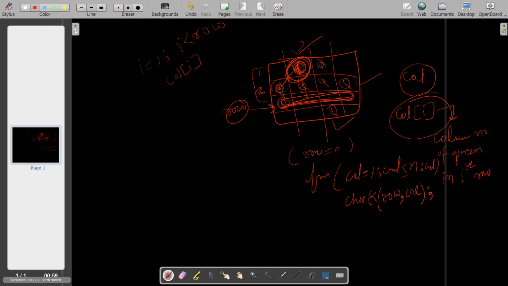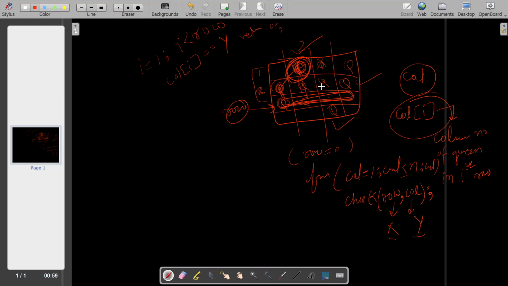Suppose I am passing x and y to check. If any previous row has the same column y, then we cannot place a queen here, so return 0. We cannot place a queen in the same column.